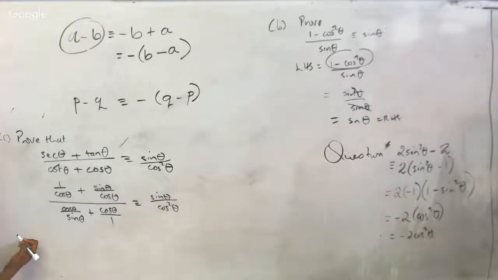Then what? You change the fraction into a division sign. In other words, the proof starts here, and now I'm taking a look at the left-hand side by itself.